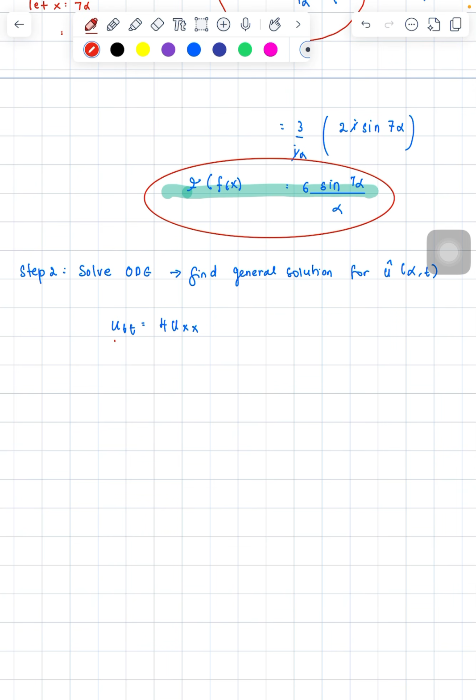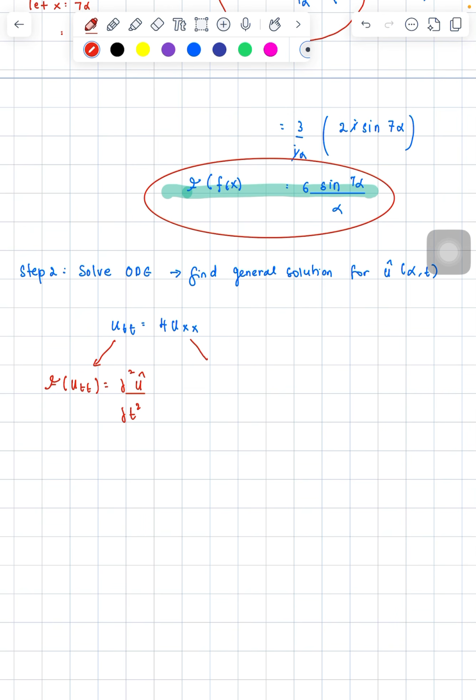For u_tt, the Fourier transform of u_tt equals delta square u hat over delta t square.